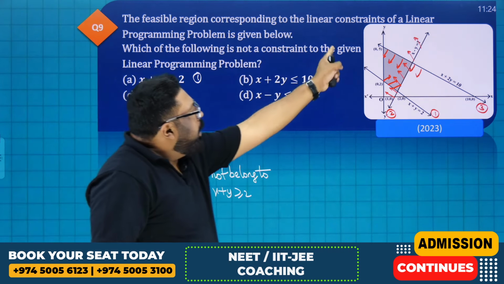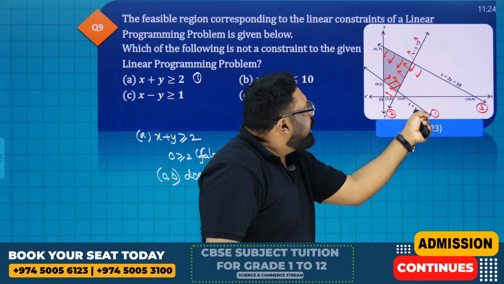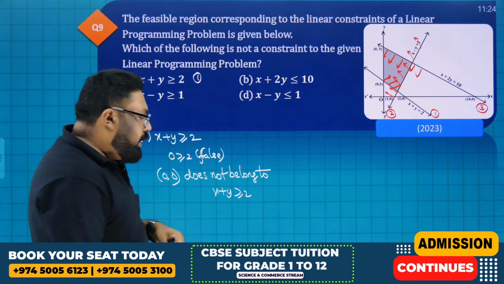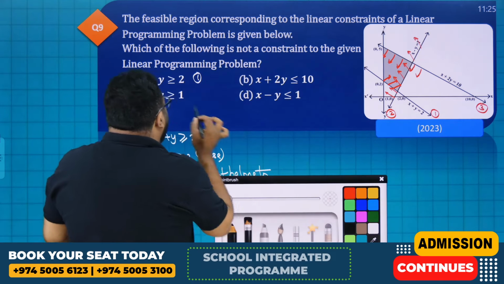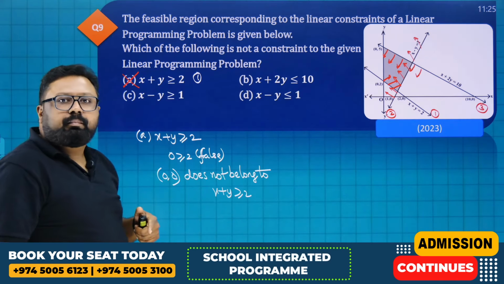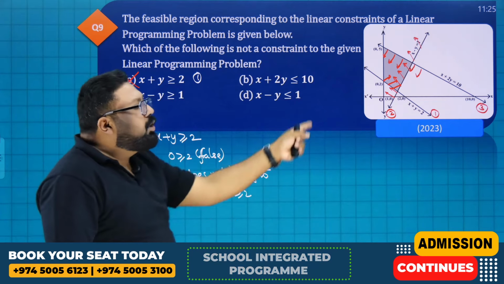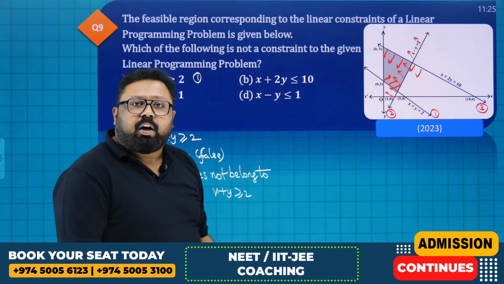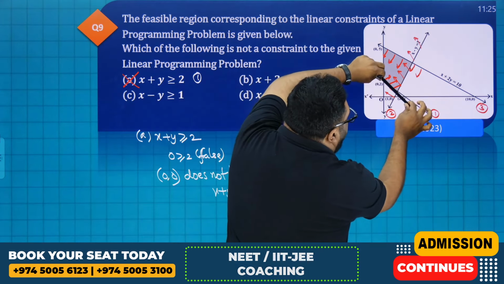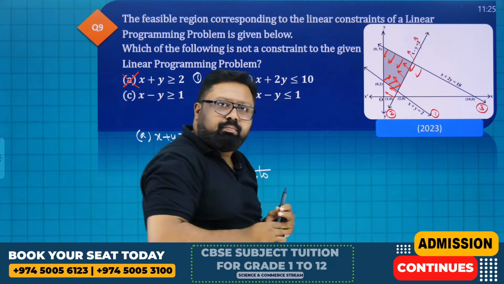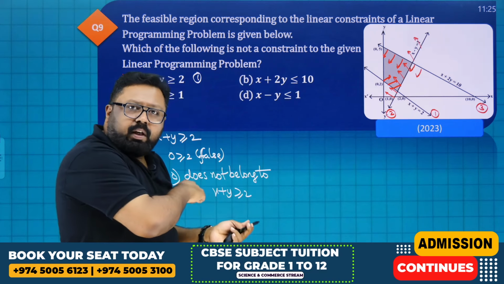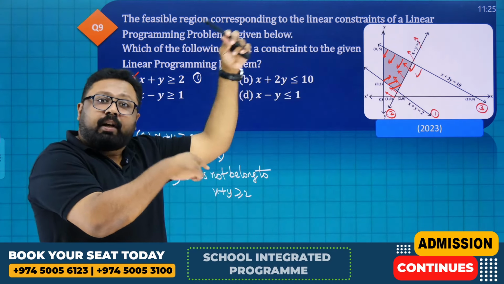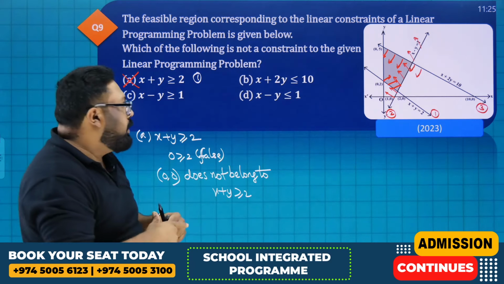According to option C, equation number 1, x plus y greater than or equal to 2. They are asking which of the following is not a constraint. So this is a constraint, so this is not the answer. X plus y greater than or equal to 2 is a true constraint for this feasible region, because this feasible region says I should shade everything above that, and 0, 0 is not a part of it.